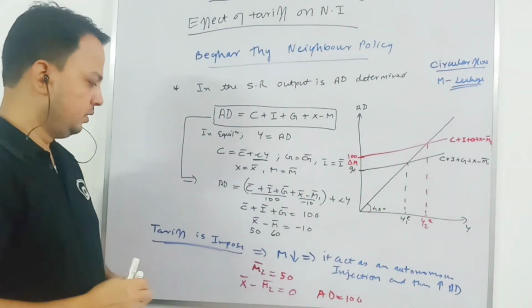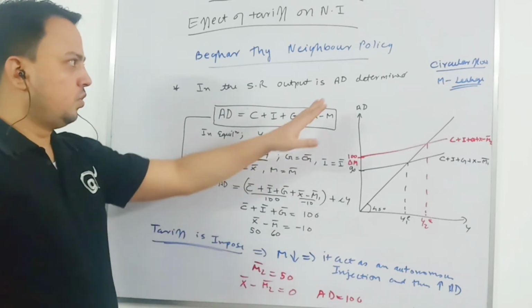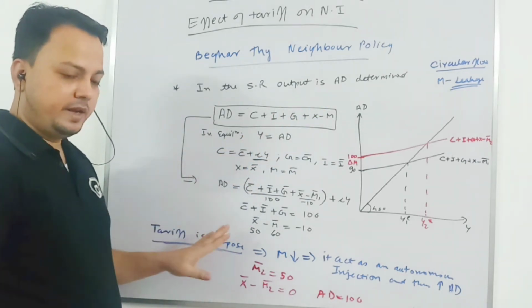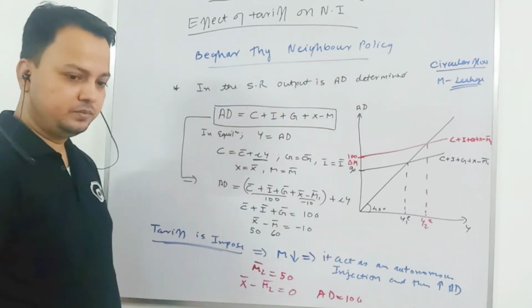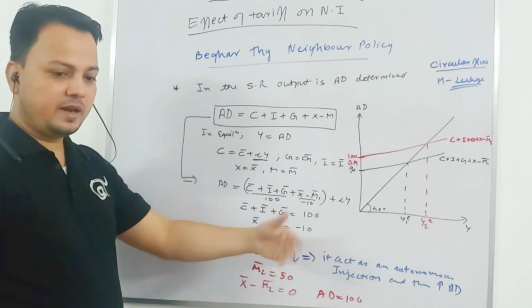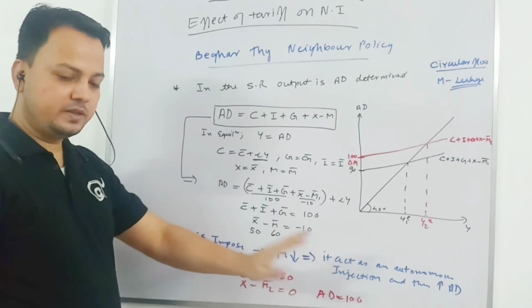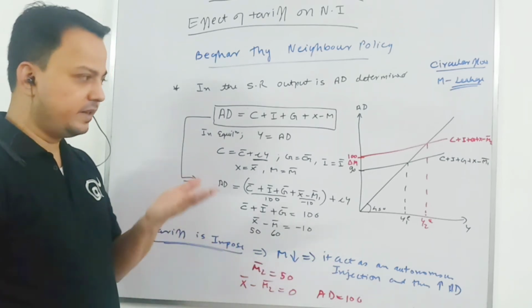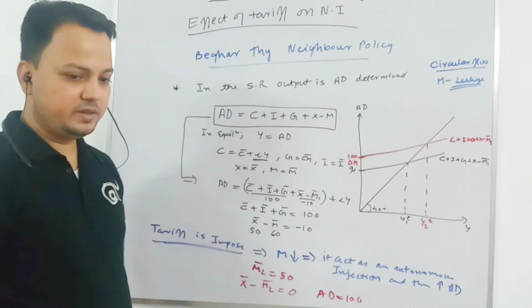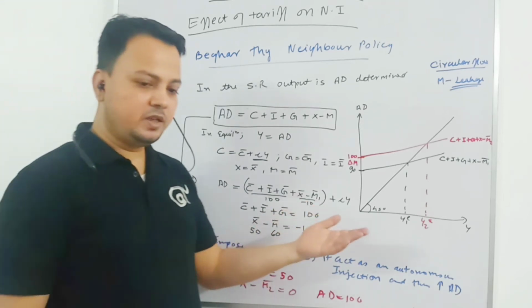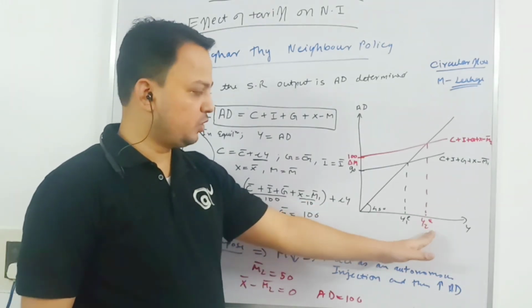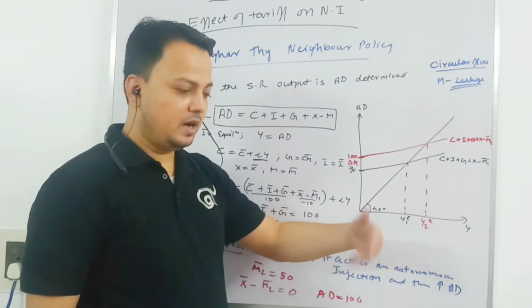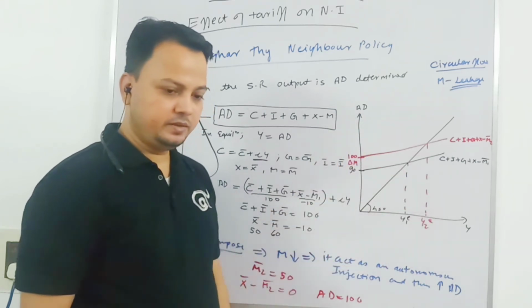So once you put tariff, the leakage part from the circular flow reduces. That means it acts as an autonomous injection in the system. As a result, aggregate demand increases. When aggregate demand increases, your national income increases, or the level of economic activity increases. As a result, your unemployment will decline.